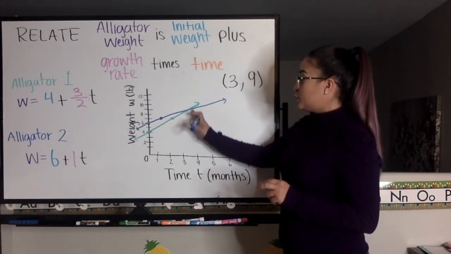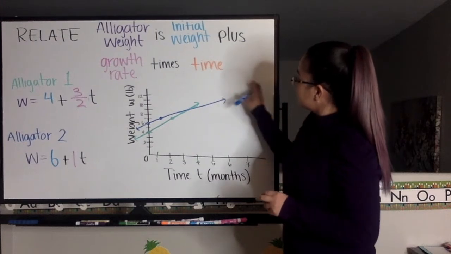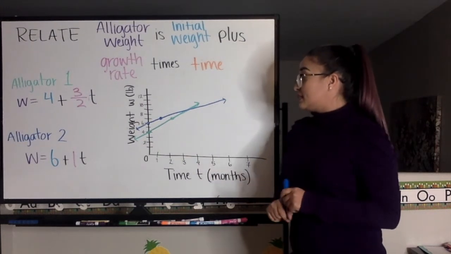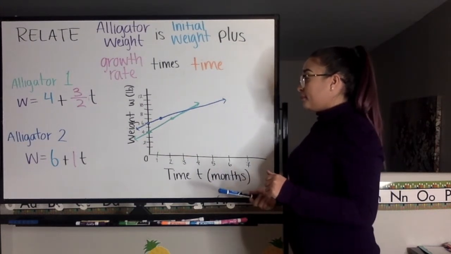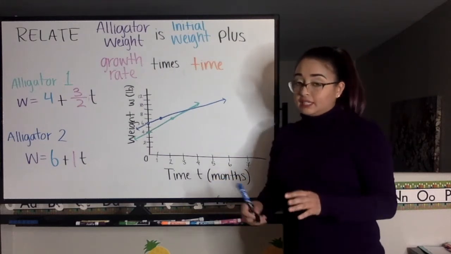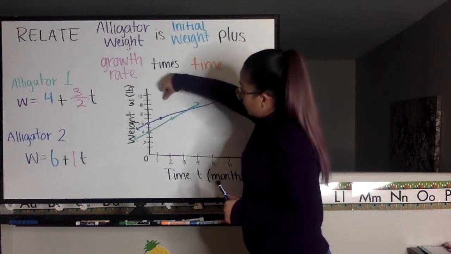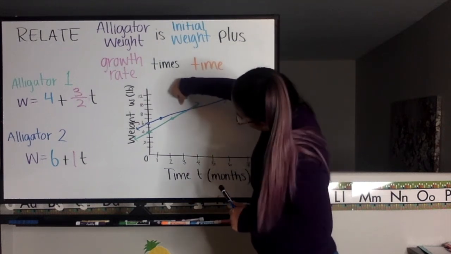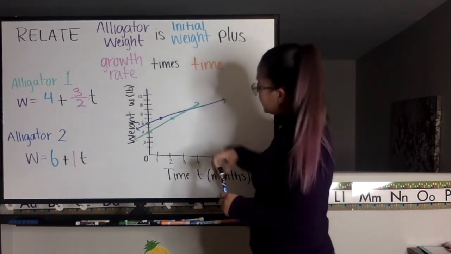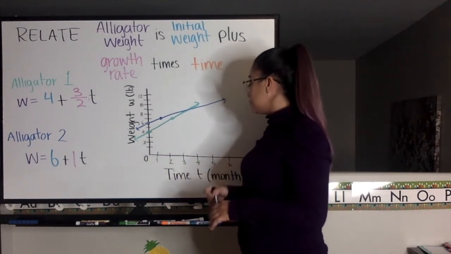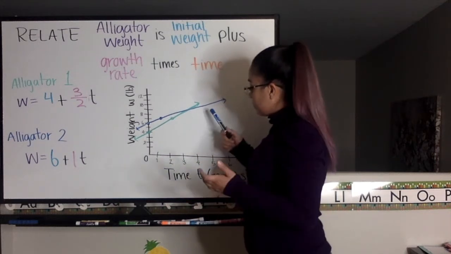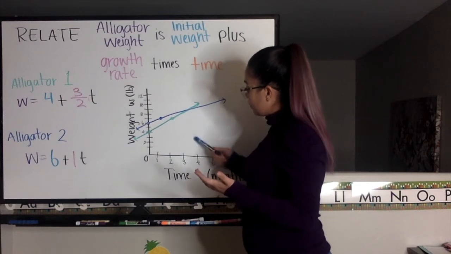Now you see where these 2 lines intersect? These 2 lines intersect where both alligators weigh the same amount. So they weigh about, I want to say 9 to 10 pounds at around 4 months of age.